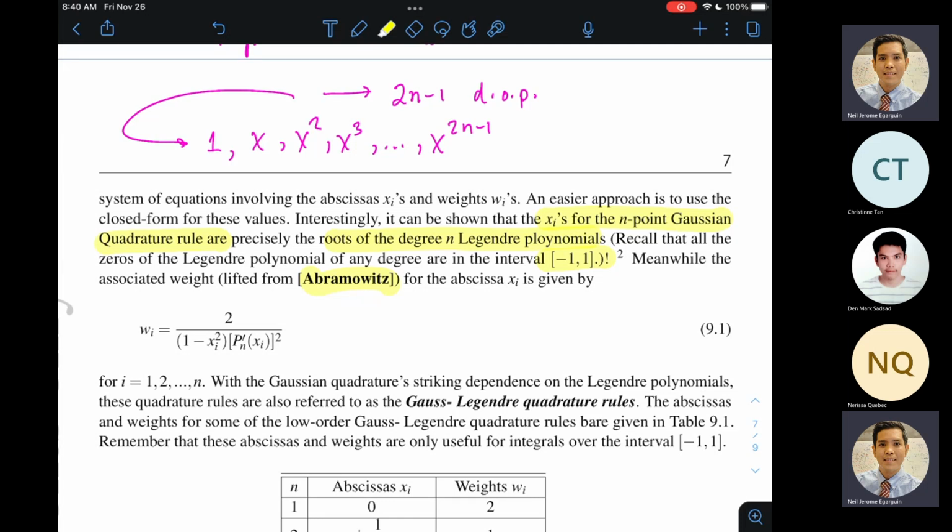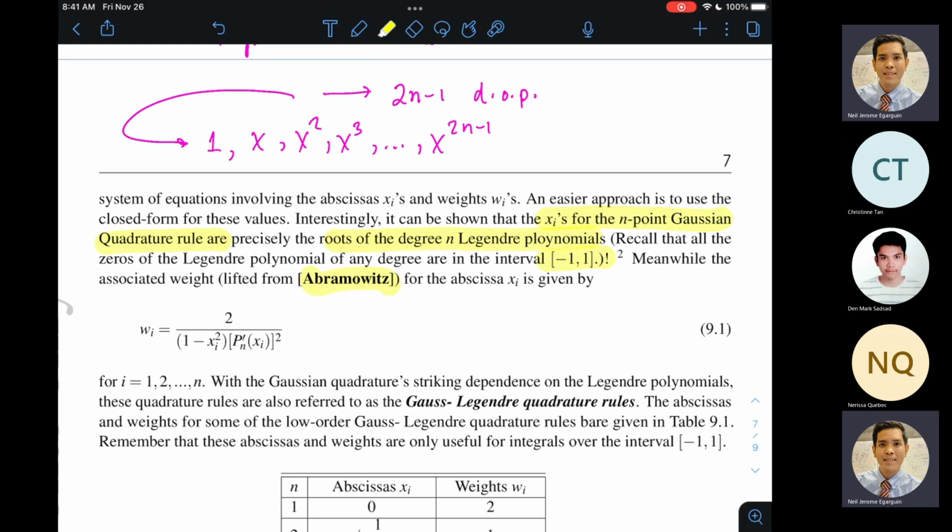But if the integral we want to approximate is over an interval other than -1 to 1, we need to translate and scale the roots of the Legendre polynomials. But we have seen that before. We saw last time how to do the translation, for our example for LN2.